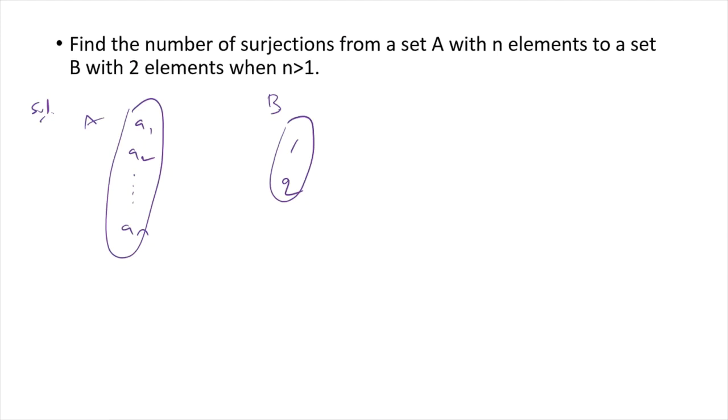Okay. The total number of functions is going to be cardinality of B raised to cardinality of A, which is equal to 2 raised to n. Now we have to see what are the functions which are not surjective.